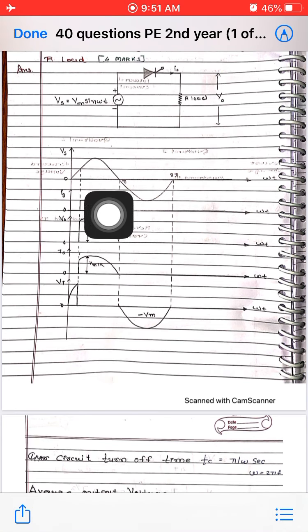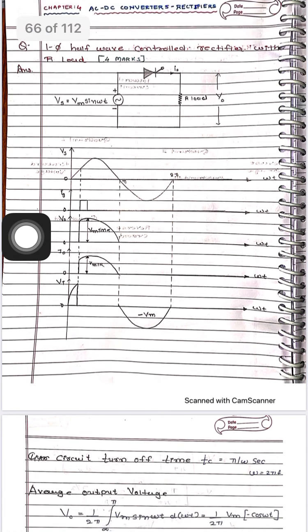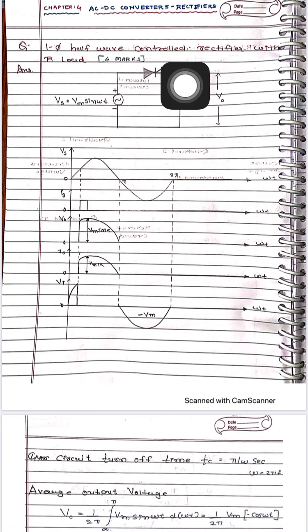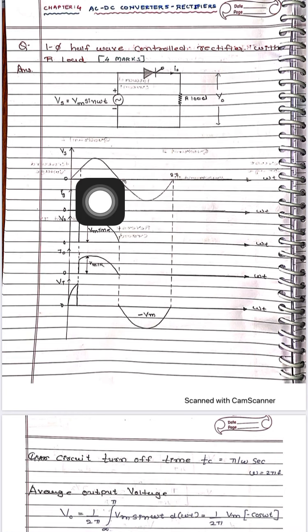So, this is the starting point of the gate pulses, because we consider firing angle alpha is equal to 30. For example, if we consider firing angle alpha is equal to 90, then here is 180, here is 0. So, 0 to 180, between that whatever the 90 is over here, just consider my gesture initial position, you can see here.